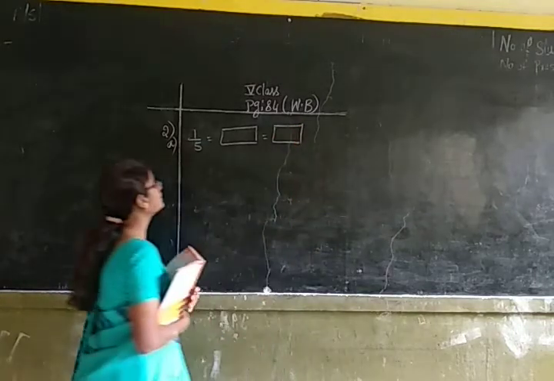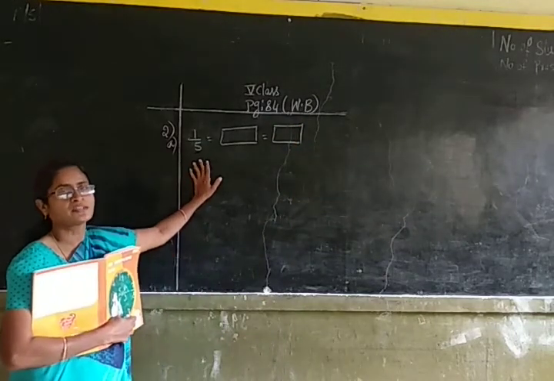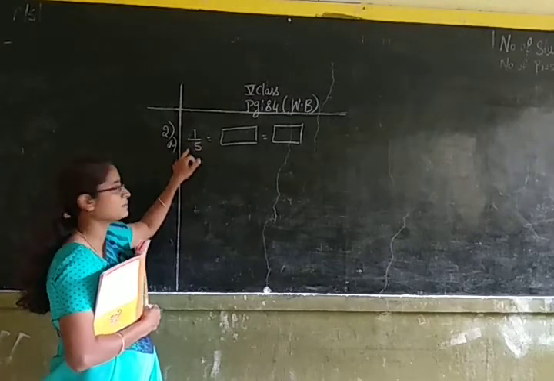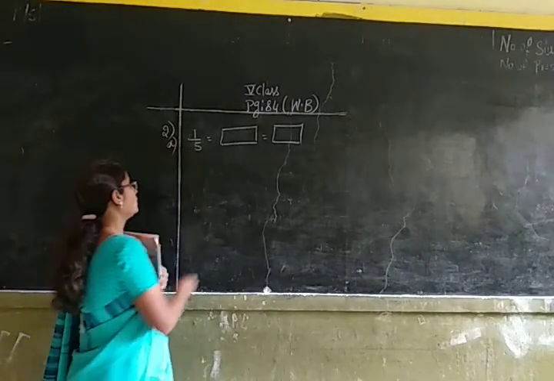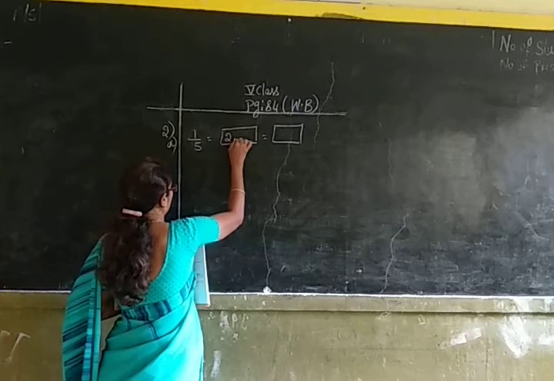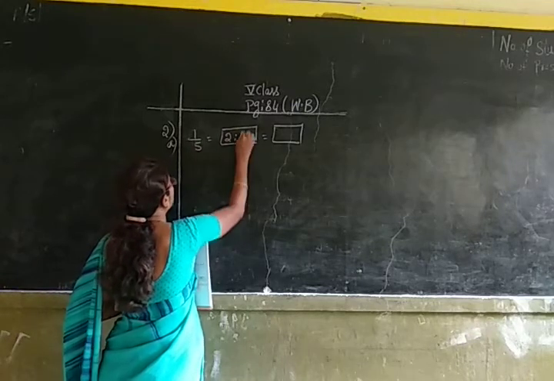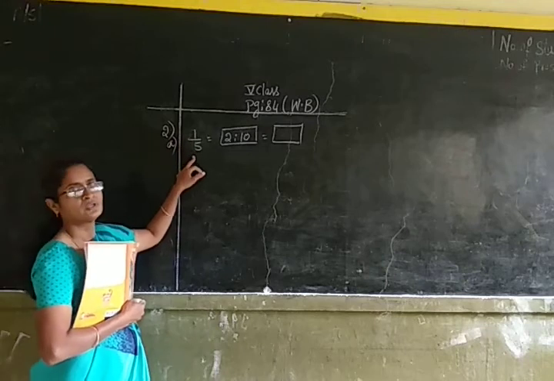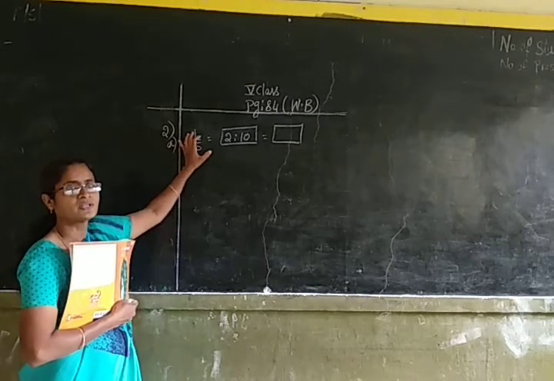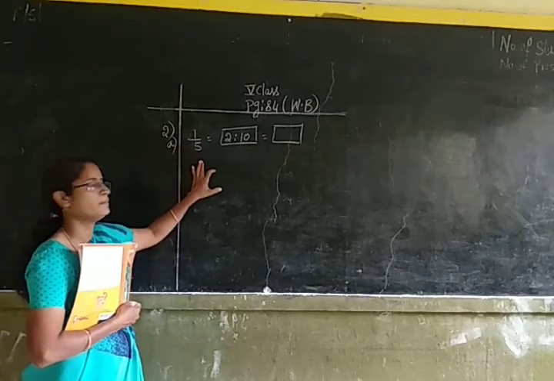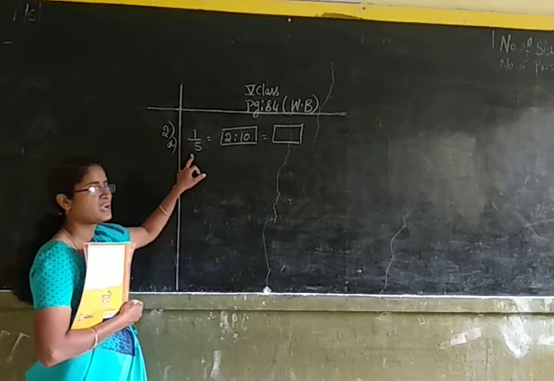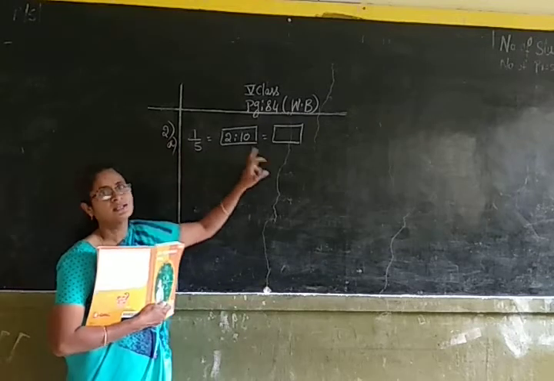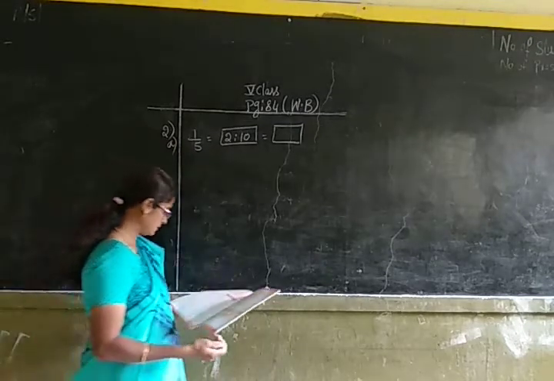So you all know that equivalent ratios are got by multiplying the numerator and denominator by the same number. So let us multiply 1 by 5 with 2. 1 2s are 2, 2 5s are 10.